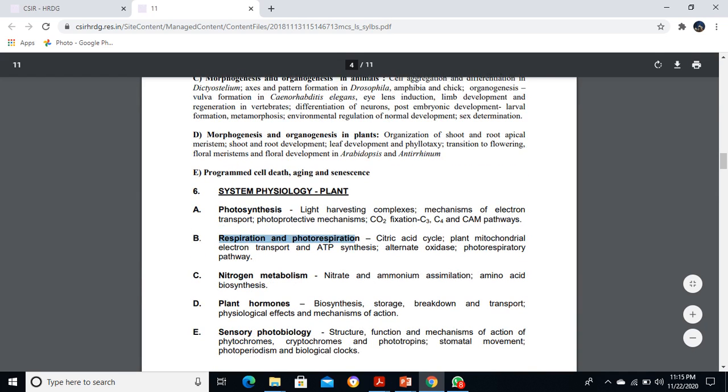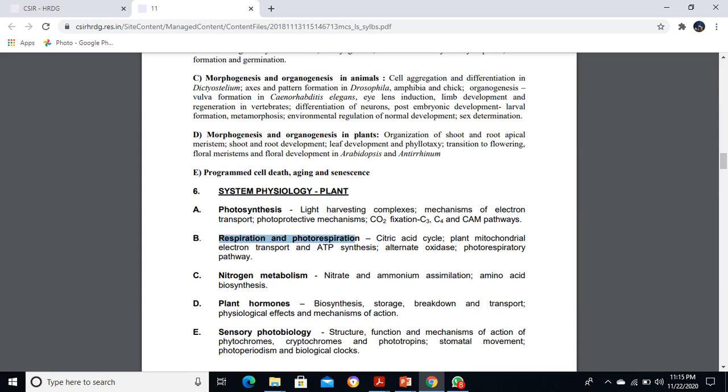This plant physiology is a very high scoring module in the CSIR question paper.